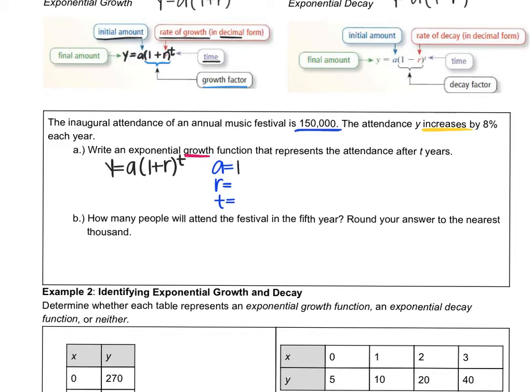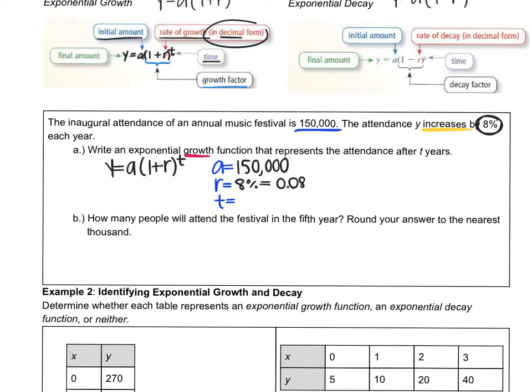So my a is 150,000. My rate is 8%. The rate is always what it's going up or down by. The issue here is that it needs to be in decimal form, so I have to change that to 0.08.